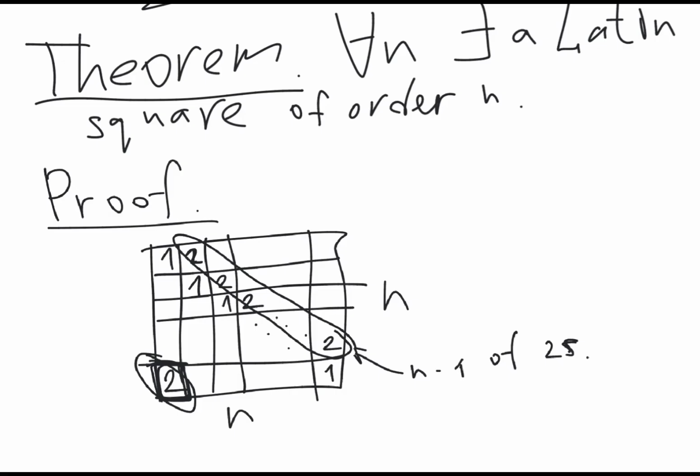The next 2 should be here, with row index n, but the column index n plus 1, so we keep the row index and subtract n from the column index, which means we consider it modulo n.